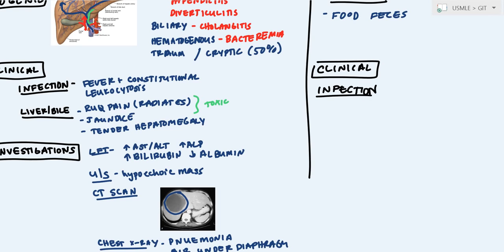You're also going to have your symptoms related to the liver and bile. So that's going to be your right upper quadrant pain that radiates, jaundice, tender hepatomegaly.